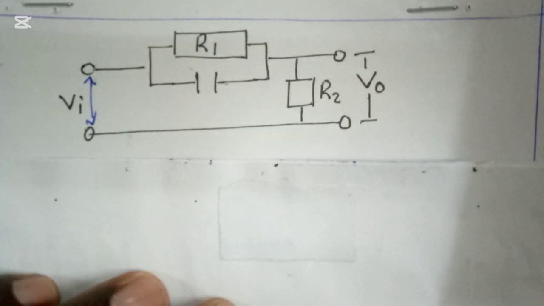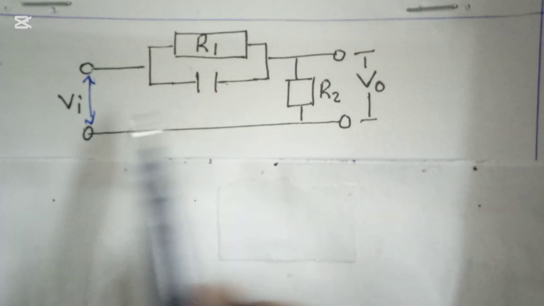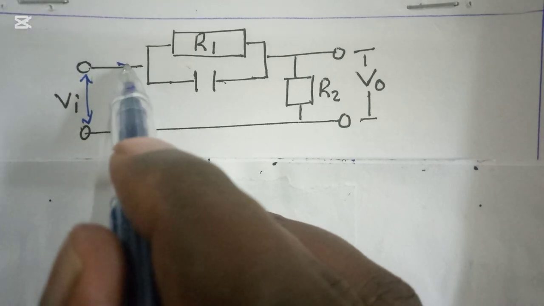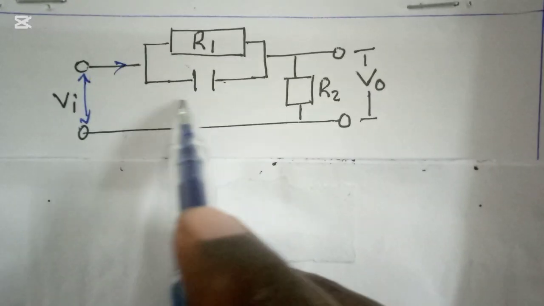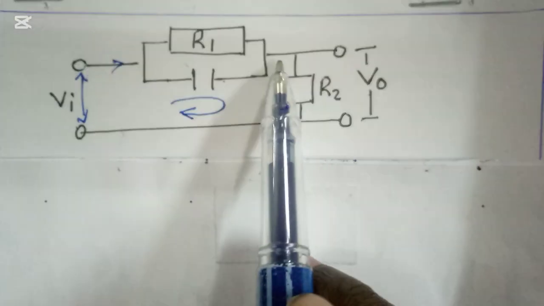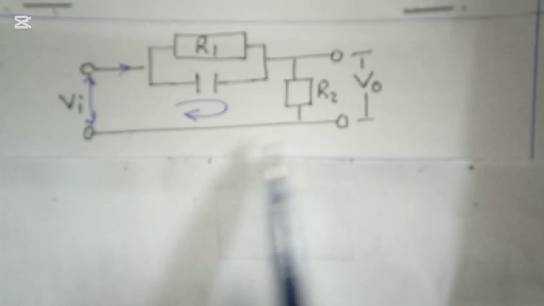So guys, we have our circuit right here, and what we are going to do is take our current, that is the current that moves through here. We can use this loop here, and remember, this loop will take both of these. Here we have R2 and R1.